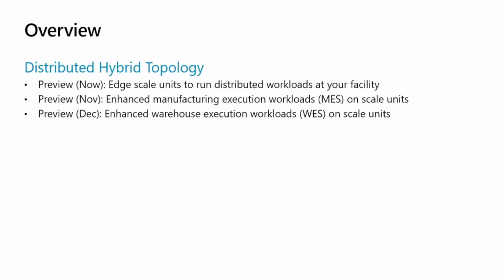In the manufacturing space, there are some enhancements around being able to register material consumption for production and batch orders, as well as being able to start production and batch orders from the workload on the edge or scale unit. And on the warehouse side, we have some enhanced support for being able to complete the full wave process on the scale unit, as well as being able to do some exception handling of work such as short picks.